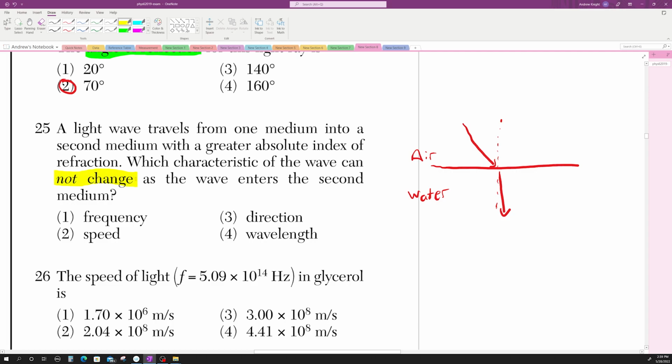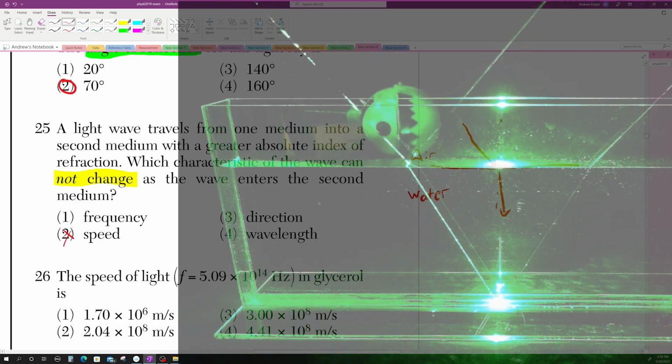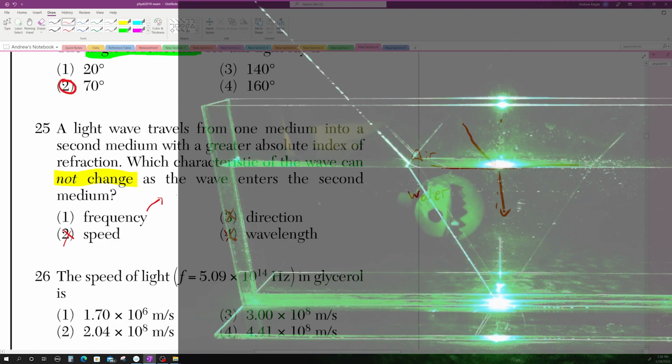Well, we know that the speed changes. That's why it's bent. We know the direction changes because it's bent. If the speed changes, the wavelength is going to change as well when it enters that material. Know what doesn't change, though? The frequency. We say the frequency is set by the source.